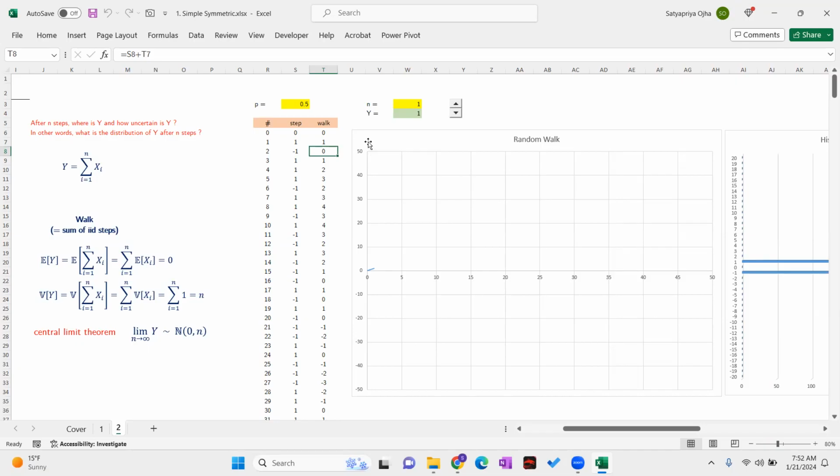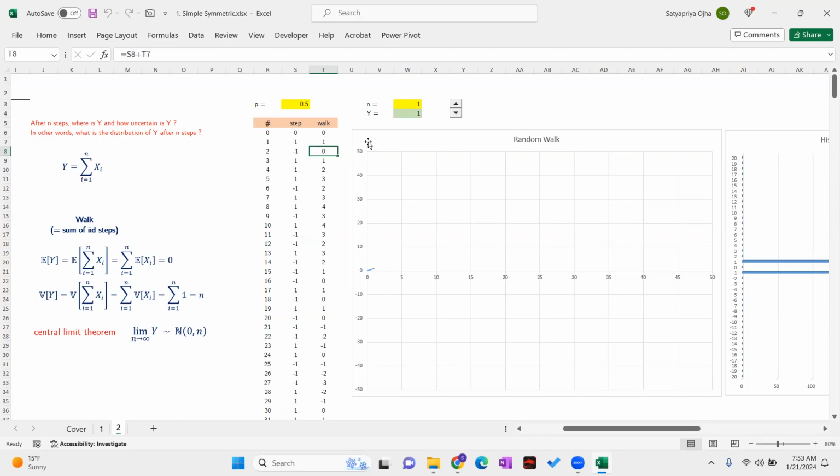So see, there are only a few combinations. Either it can be +1, +1, which is 2, or -1, -1, which is -2, or +1, -1, which is 0, or -1, +1, which is 0. So three discrete possible values: +2, 0, -2.